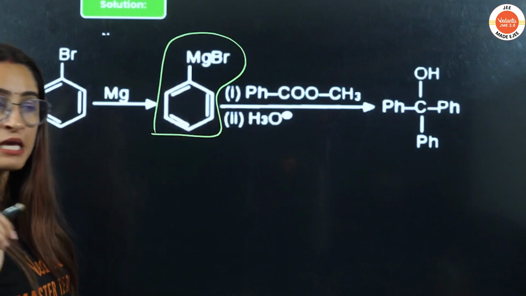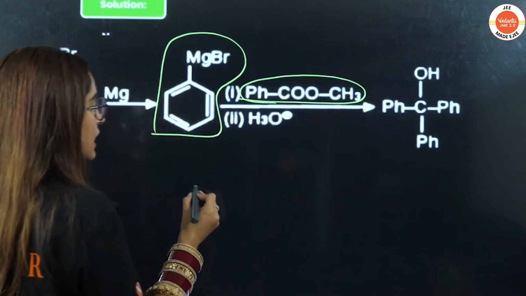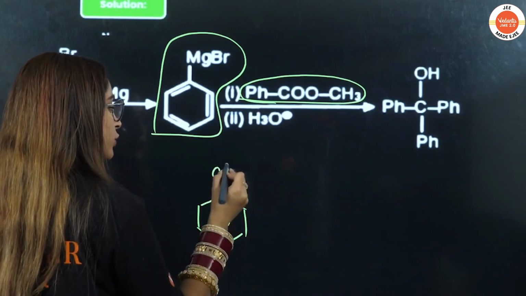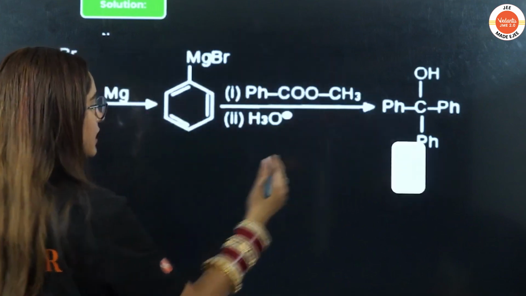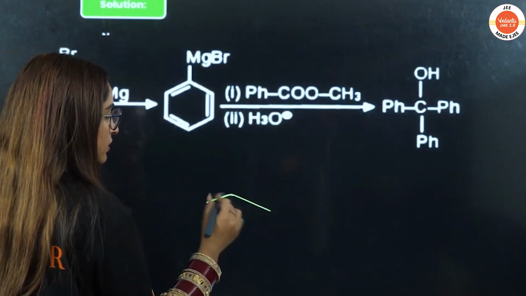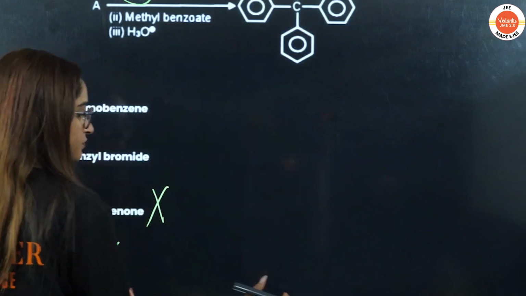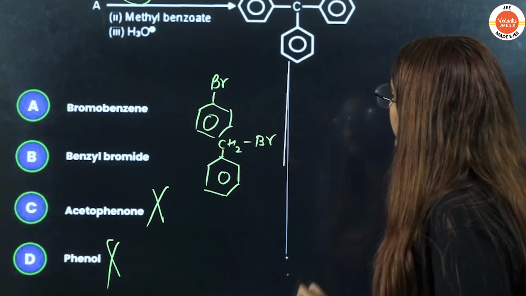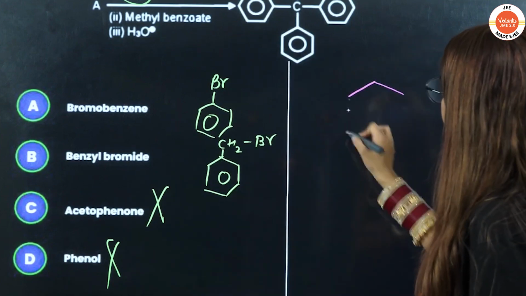Okay? Now, this is your methyl benzoate. What is benzoate? Benzoate means ester, you will have C double bond O. Let's write it over here only. I'm writing it here, so how can you predict? Okay, so how did I predict?